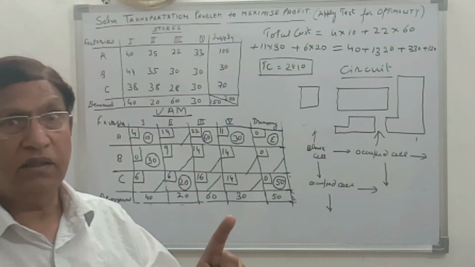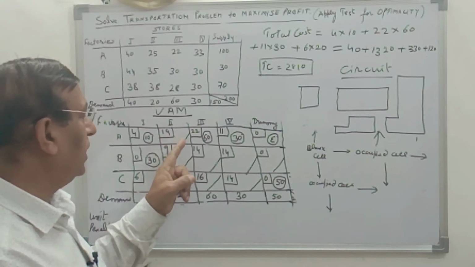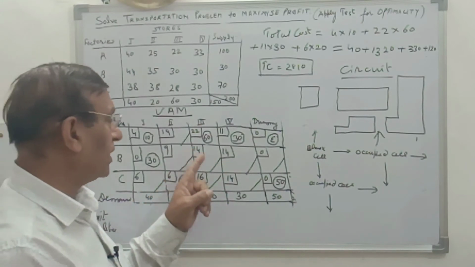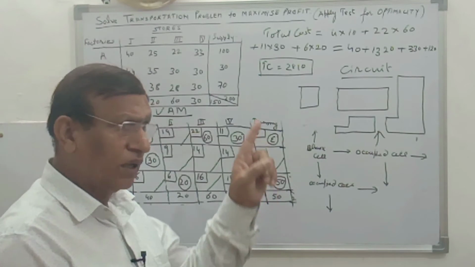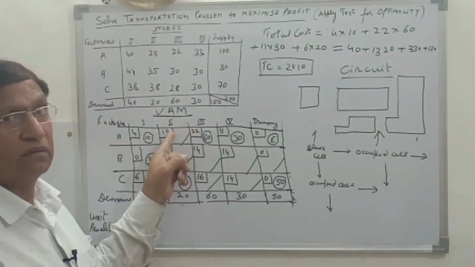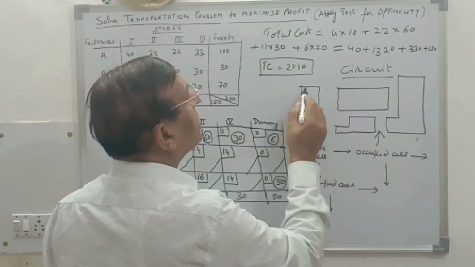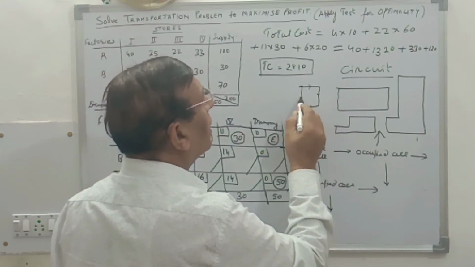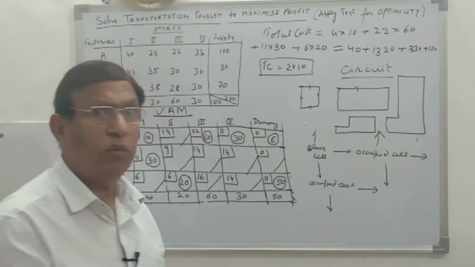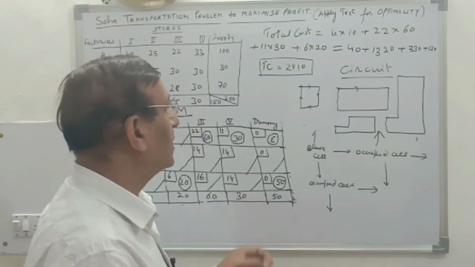The point to be kept in mind is, starting from the blank cell, you have to move in the direction where there is an occupied cell. And again from the occupied cell, you have to move in the direction of another occupied cell, and ultimately you have to come back. If you start from here, then you come back to this. If you are starting from here, this turning point should be from an occupied cell.